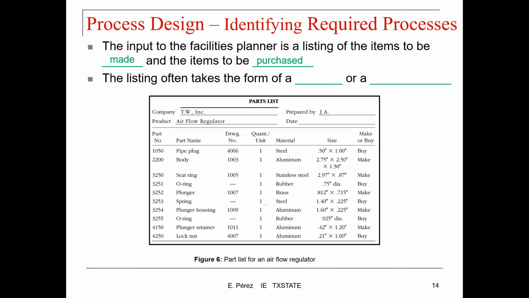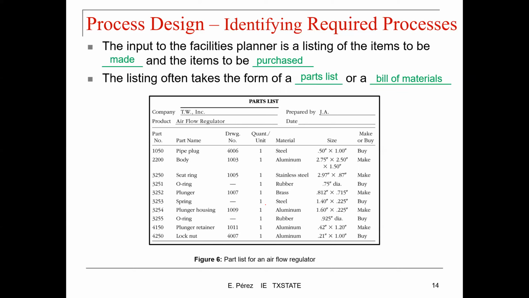Even if we are not producing them in-house, we still need to get that information in order for planning. The listing often takes the form of a part list or what we call a bill of materials. So here in figure 6, we have a part list for an air flow regulator.